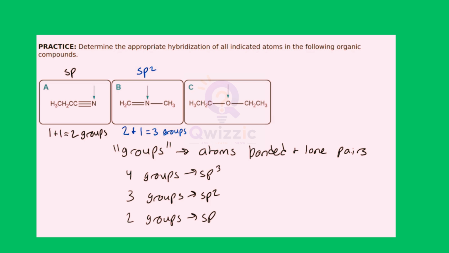So the oxygen in the center, which is the one indicated, has 2 atoms bonded to it, right? 2 carbons in particular. And like we mentioned before, this oxygen is going to have 2 lone pairs of electrons. So we have 2 atoms bonded plus 2 lone pairs, which means that we have a total of 4 groups for our oxygen in the center, which, according to our discussion at the beginning of this video, indicates sp3 hybridization.